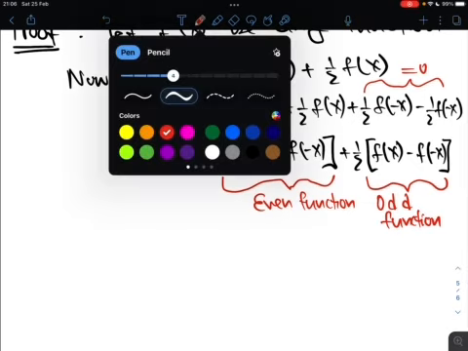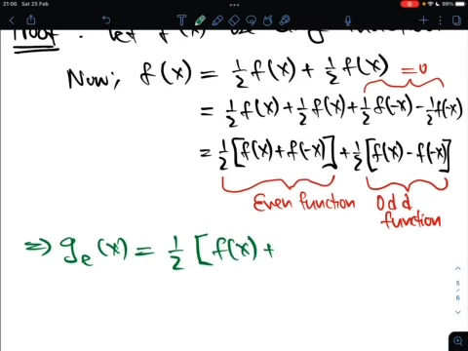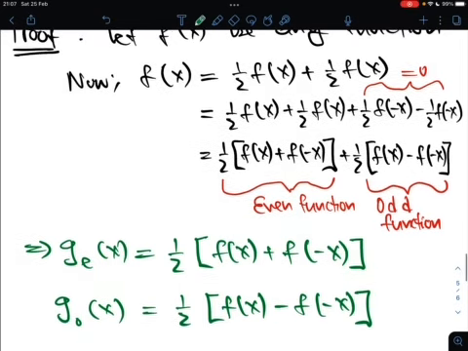If I refer to the even part as g(x), then every time you want to find that g(x), you just have to use half of f of x plus f of minus x. And if you want to find the odd part, which I call h of x, it is always given by half of f of x minus f of minus x. So this is how you find the even and the odd components of any function that is given.